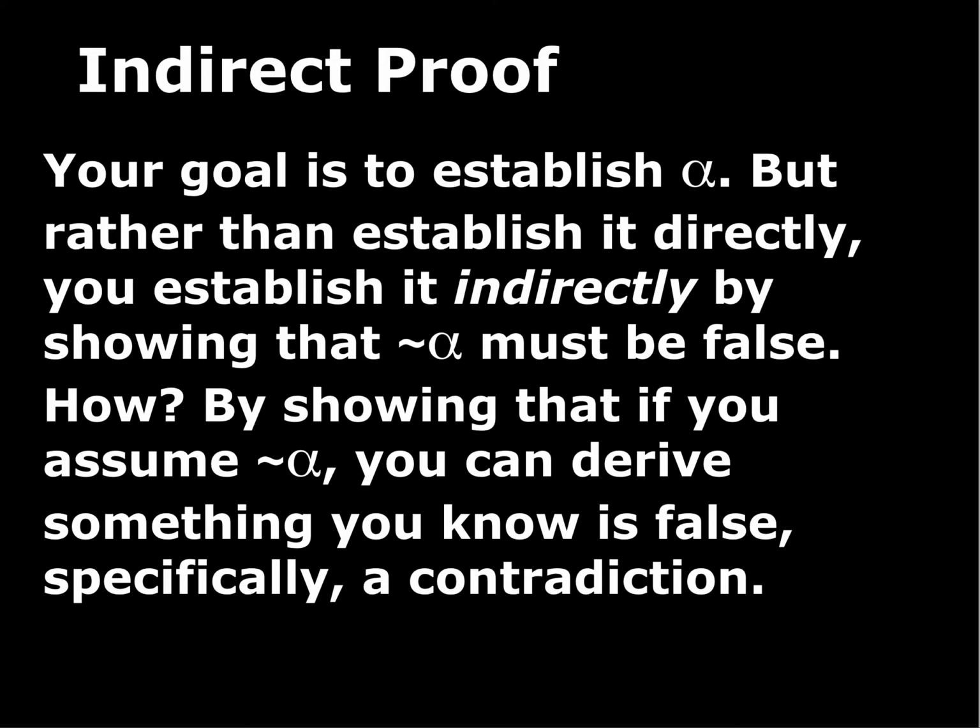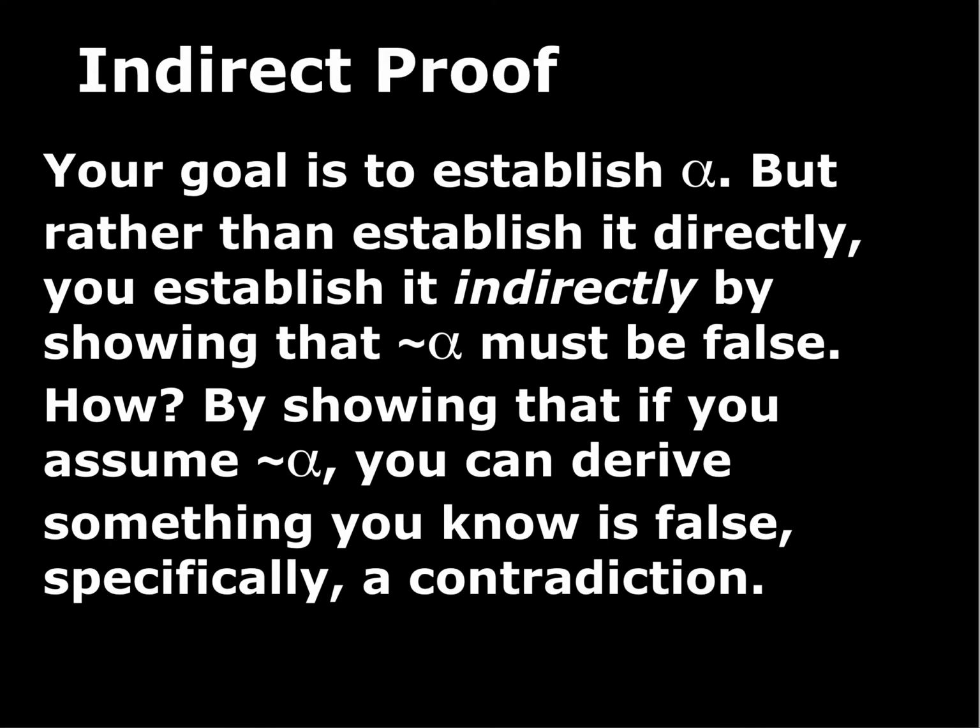But rather than establish it directly by using the rules or conditional proof, you establish it indirectly. What does that mean? Not by showing that alpha has to be true, but by showing that not alpha has to be false. And of course, if not alpha is false, then alpha is true.